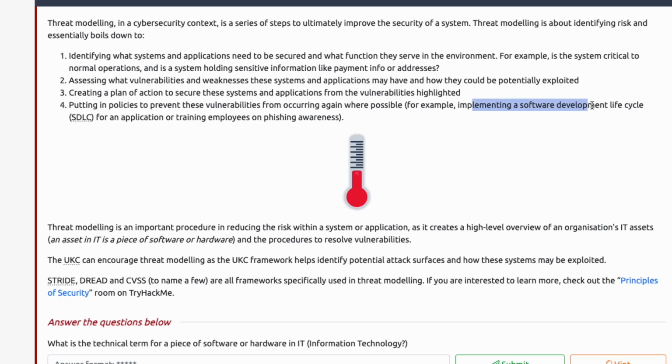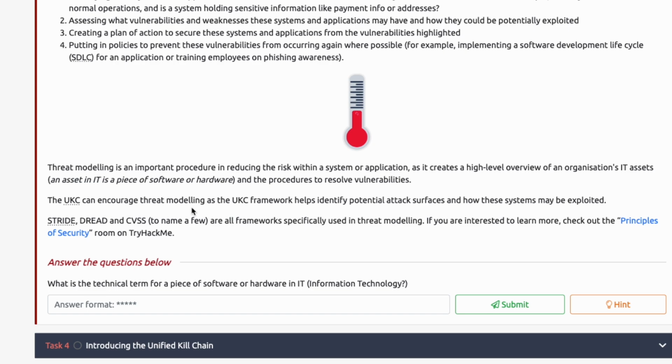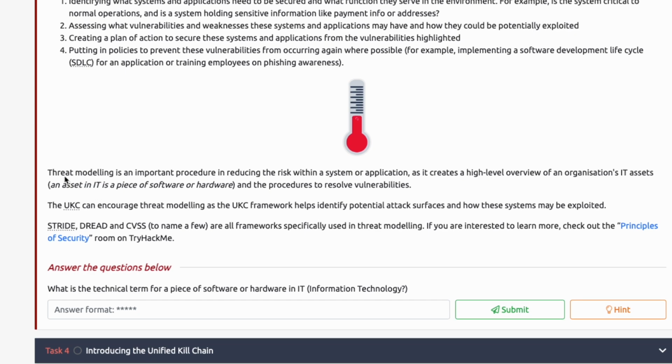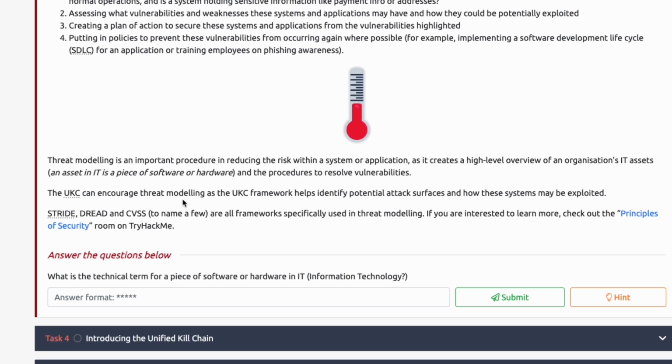For example, implementing a software development lifecycle for an application, or training employees so that they're aware that they're the weakest link in the chain and need to not fall victim to many different types of attacks. So threat modeling is an important procedure in reducing the risk within a system or application, as it creates a high-level overview of the organization's assets and the procedures to resolve those vulnerabilities.